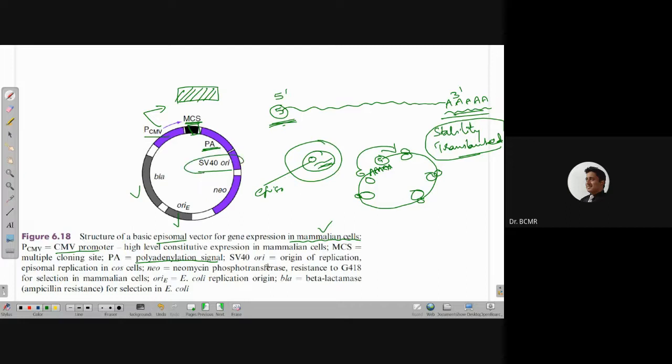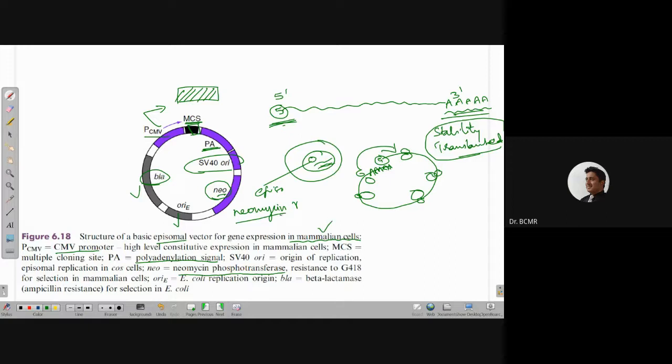Is there anything else? Okay, there is one more: selection markers. For E. coli, we have beta lactamase. In the other one, we have the neomycin resistance gene. The neomycin resistance gene is usually a phosphotransferase. It's an enzyme. Neomycin is an aminoglycoside antibiotic, which will interfere with translation.